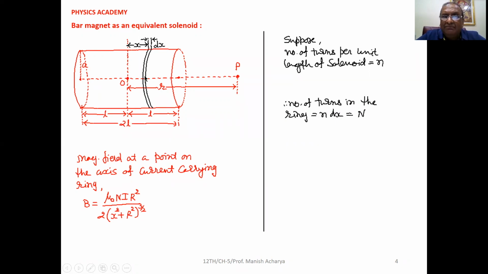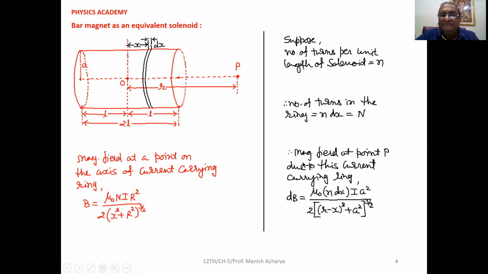Then the total number of turns in this particular ring having length equal to dx is how much? So the number of turns in the ring, capital N, is n dx. Now with respect to this ring, point P will be at a distance r minus x.